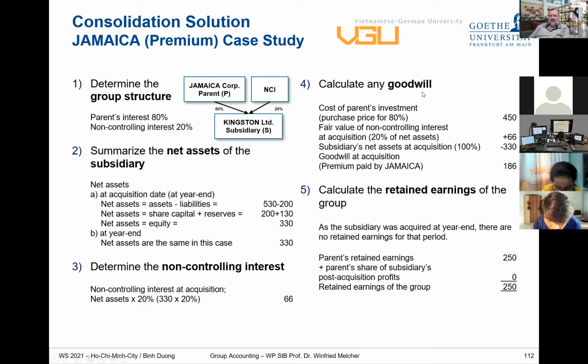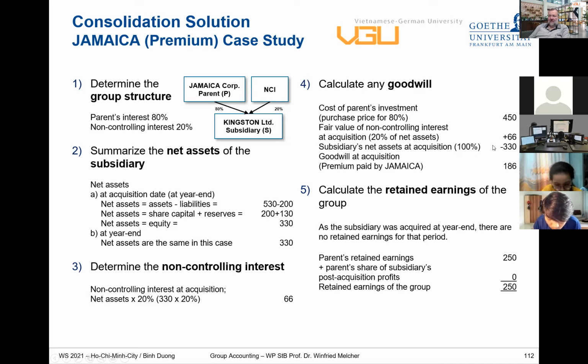Now we are in a position to calculate the goodwill. So what do we want to have? We want to compare 100% of what the company paid for the net assets, or what they own in terms of fair value of the net assets, when it comes to the non-controlling interests. So on the one side, we put 100% of the value of the shareholders, and then compare it with 100% of the net assets.